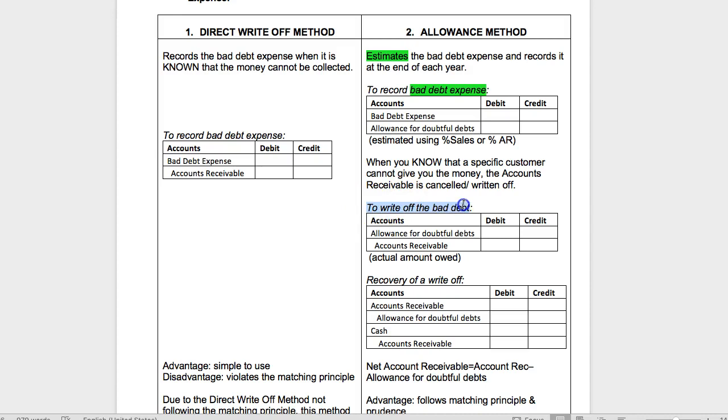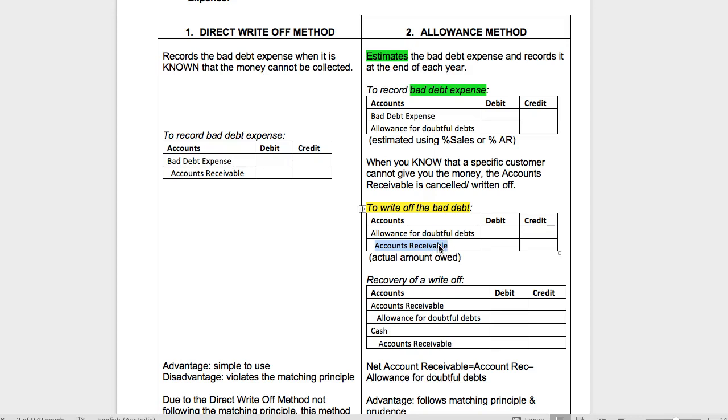So for the allowance method, to write off the bad debt, you will debit the allowance for doubtful debts. This is going to decrease the contra asset, and you will credit accounts receivable, and this will decrease the asset.